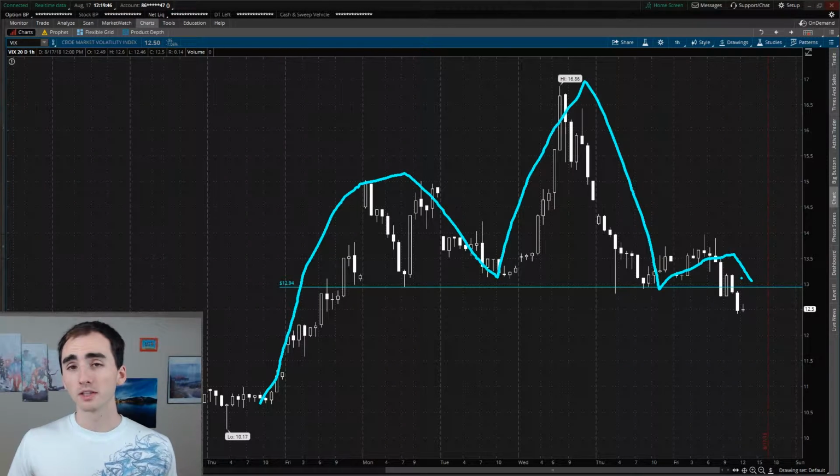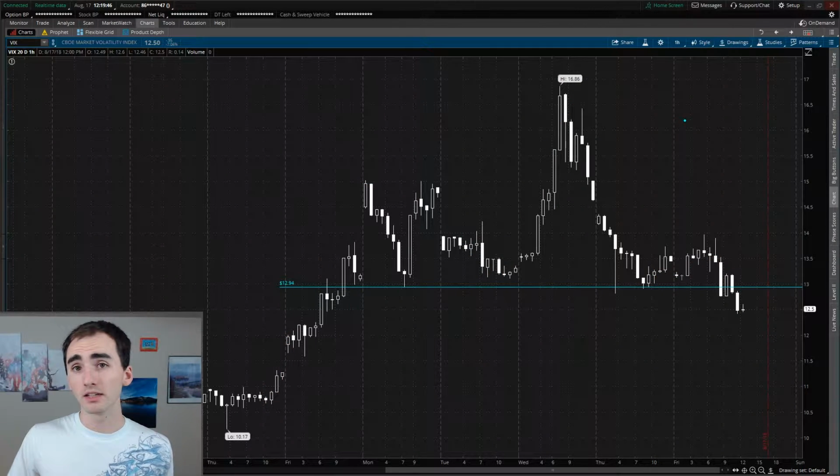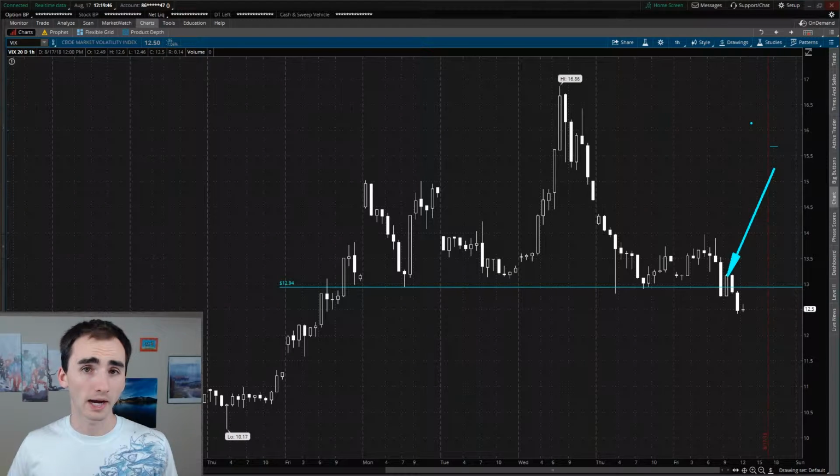So I think the market is going to go up, and I see this head and shoulders pattern in the VIX, indicating that the VIX has a high chance of going down, and hopefully all the way back to where it was before. That will give a strong catalyst for the market to go up. When I got into the trade, the VIX was trading at about this point just a few hours ago.